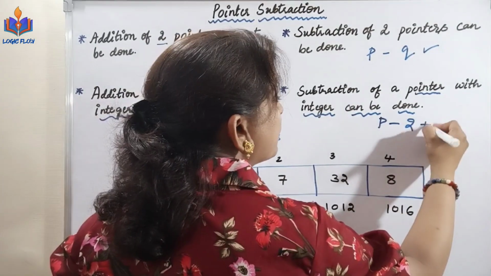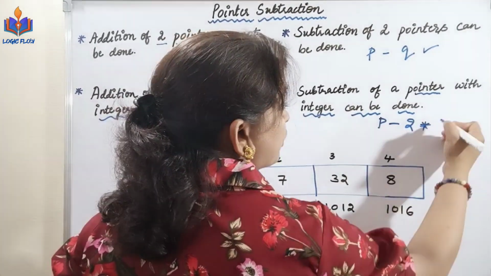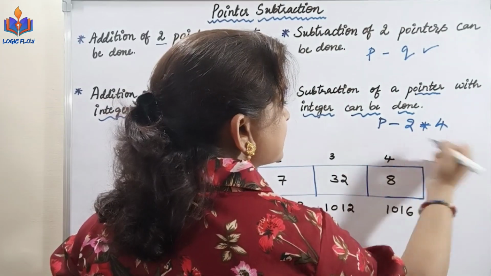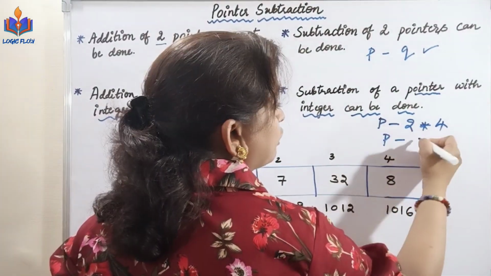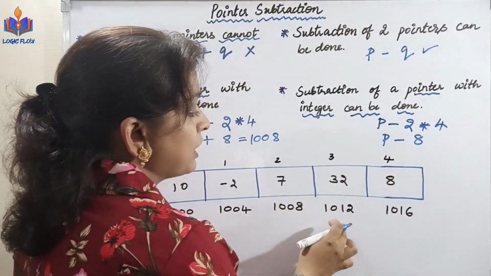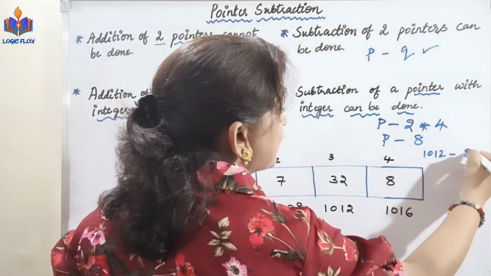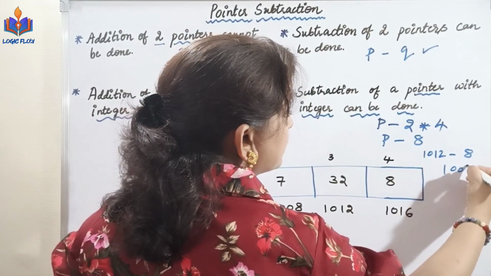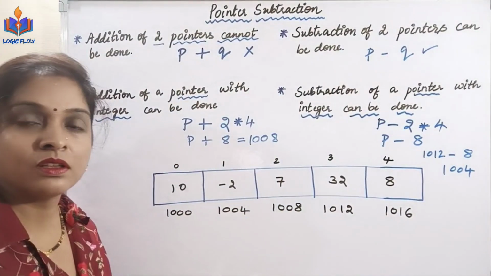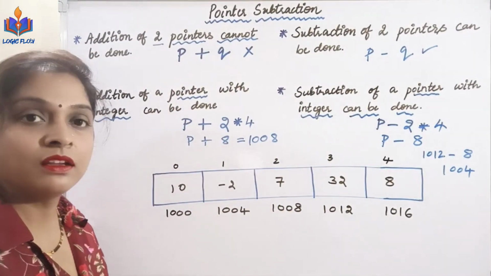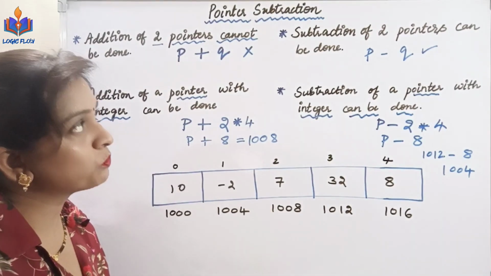In the same way, 2 into the size of the data type. Say, for example, 4. So it is P minus 2 into 4, which is 8. For example, if P is pointing to 1012, then 1012 minus 8 is 1004. Like this, we can do the evaluation with subtraction also.